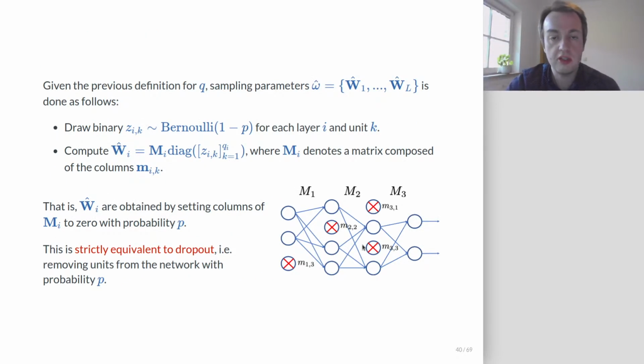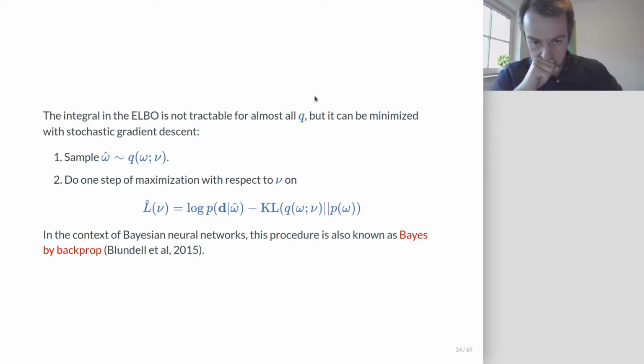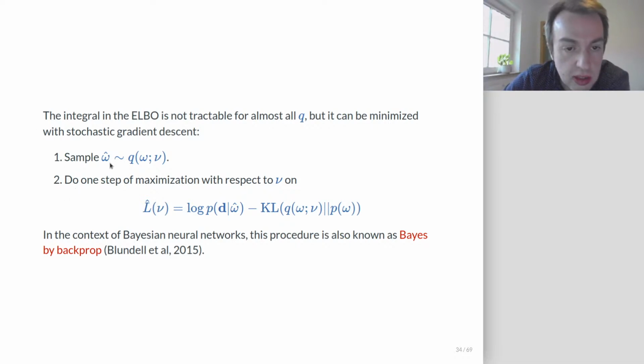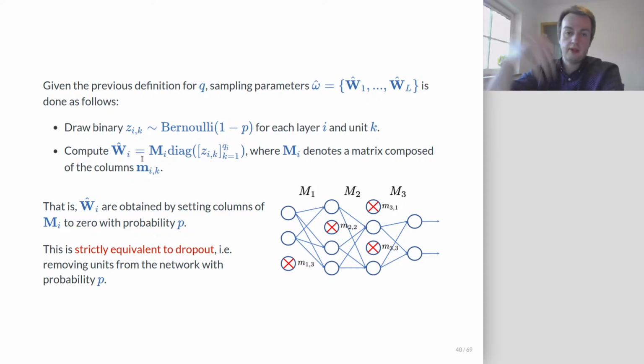Now, given the previous definition for the variational family Q, sampling parameters omega hat will be done as follows. Remember, when you want to do variational inference, we want to follow this Bayes backprop procedure. That means we have to do two steps. The first one is to be able to sample some value omega hat from Q. The way we would do that would be to simply draw a binary variable zik from a Bernoulli distribution of parameter 1 minus p for each layer i and each unit k, and then compute the Wi that I'm sampling from Q as the product of Mi times a diagonal matrix made of the zik values that I've just drawn at the previous step.